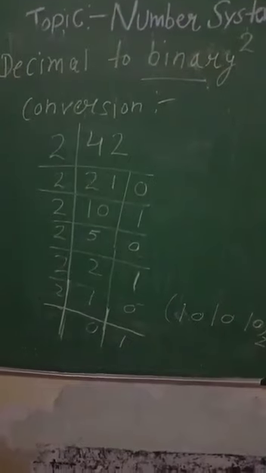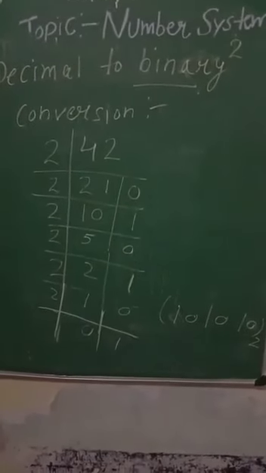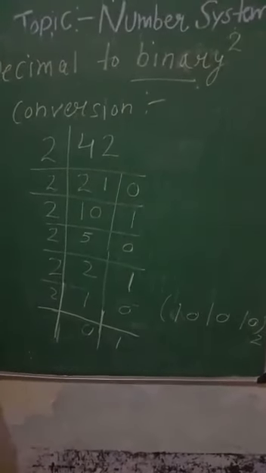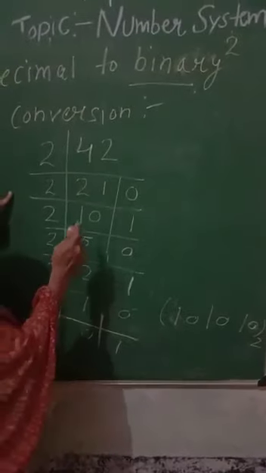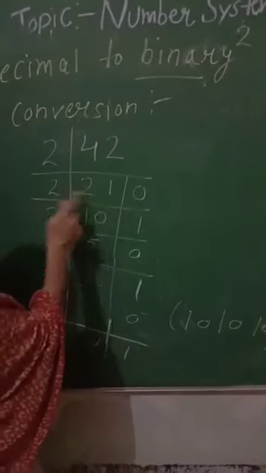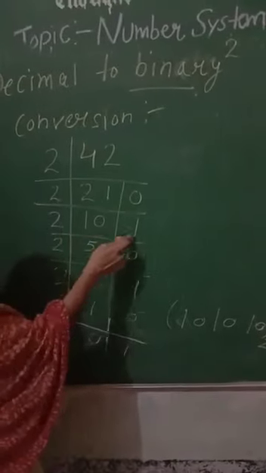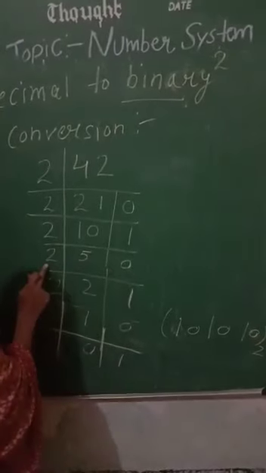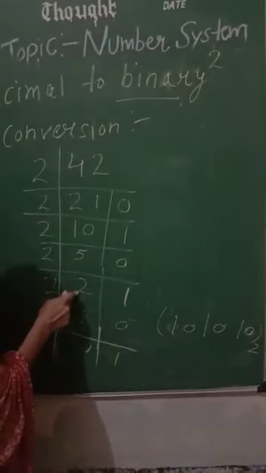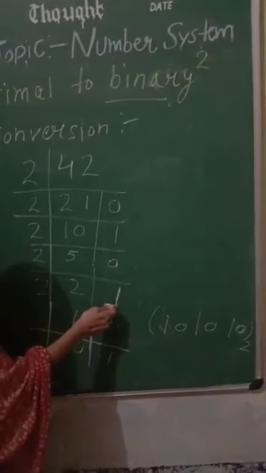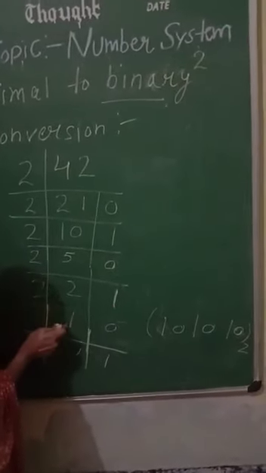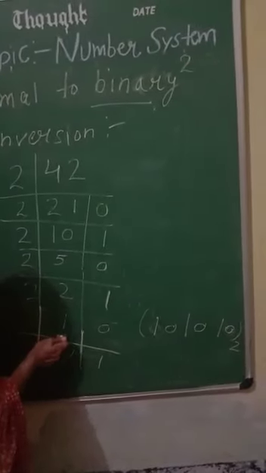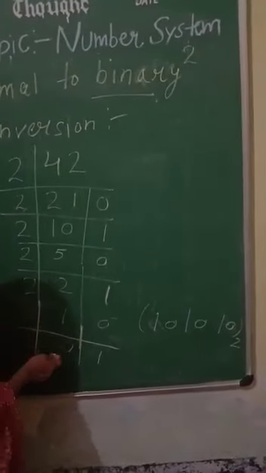The binary base is 2, so we divide by 2. 42 divided by 2 gives 21 and remainder 0. 21 divided by 2 gives 10 and remainder 1. 10 divided by 2 gives 5, remainder 0. 5 divided by 2 gives 2 and remainder 1. 2 divided by 2 gives 1 and remainder 0. 1 divided by 2 gives 0 and remainder 1.